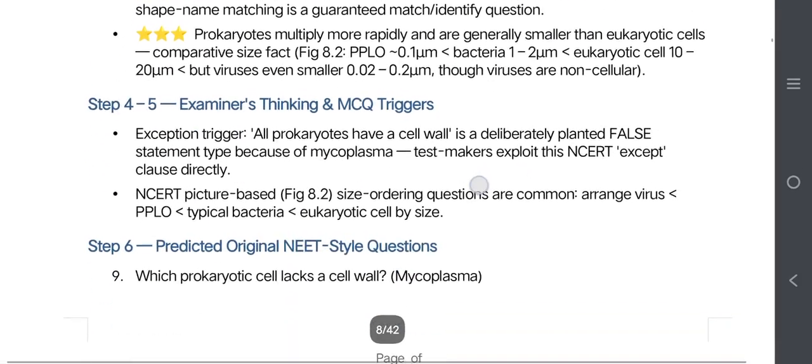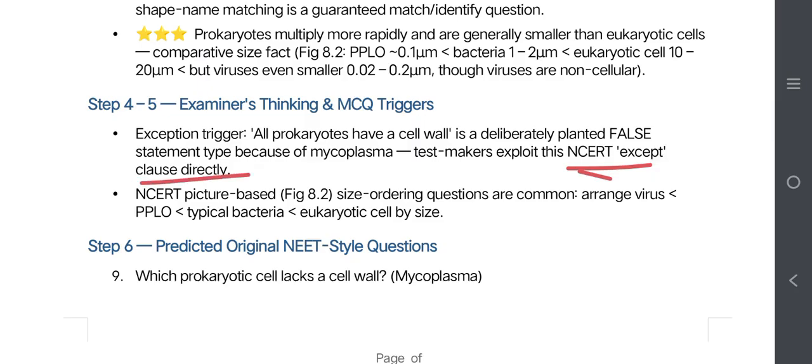Now let us think about how an MCQ reversal appears in exams, the exception trigger. If an examiner gives the statement that all prokaryotes have a cell wall, it is a deliberately planted false statement because of mycoplasma. Test makers exploit this NCERT exception directly.